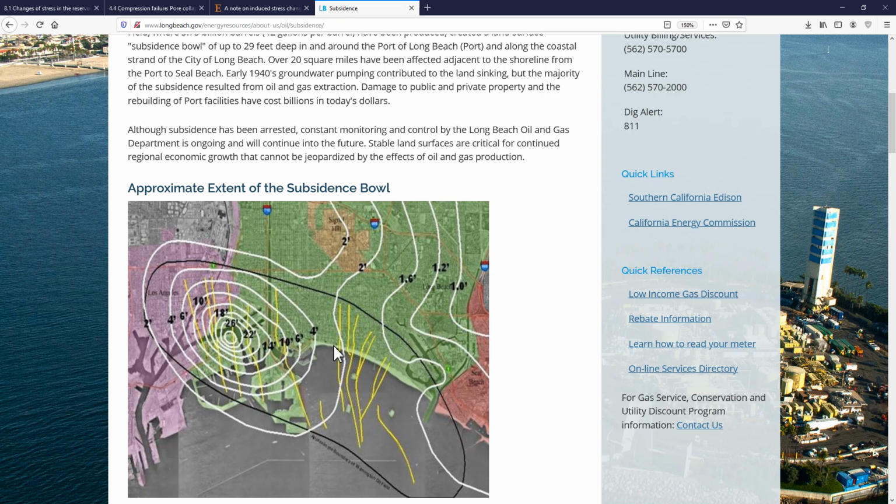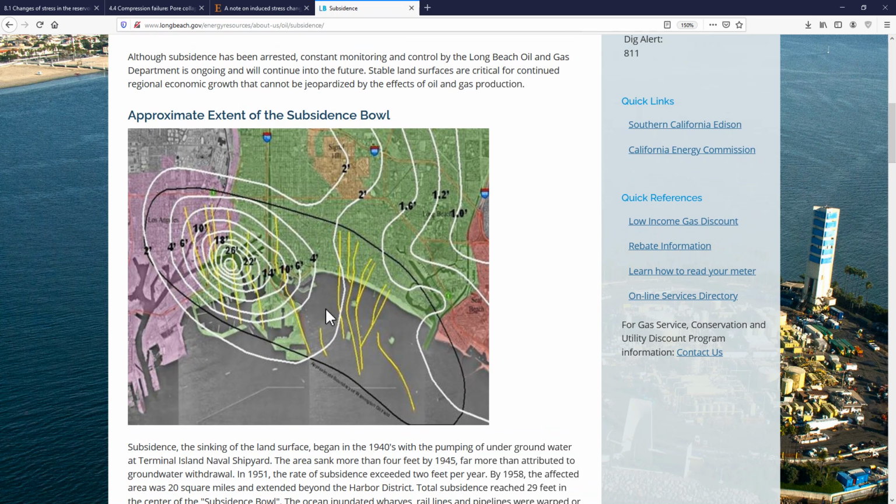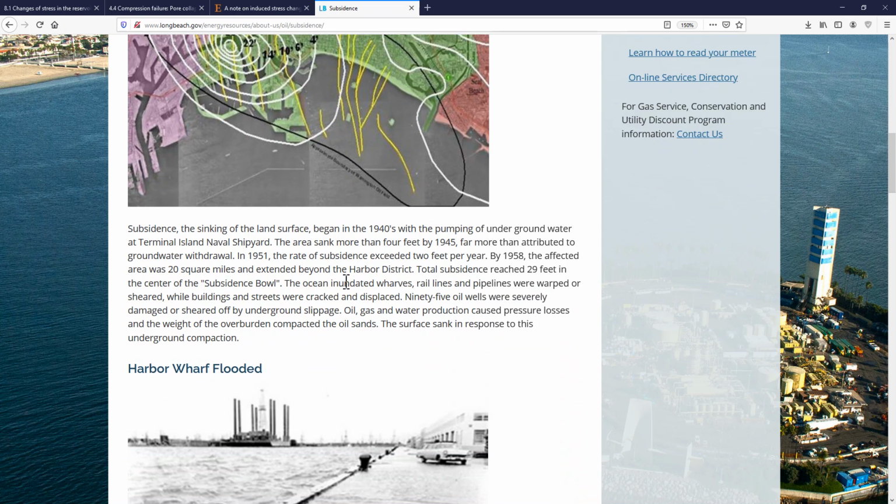You can see here near the city of Long Beach that there were settlements of the surface of up to more or less 30 feet, which is quite large. And keep in mind also the size of the influence of this subsidence problem, that it's several miles long. We're going to see the equations that help us explain this type of behavior. But before that, let's just see some cool pictures.